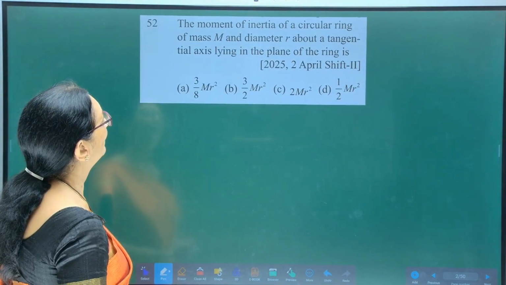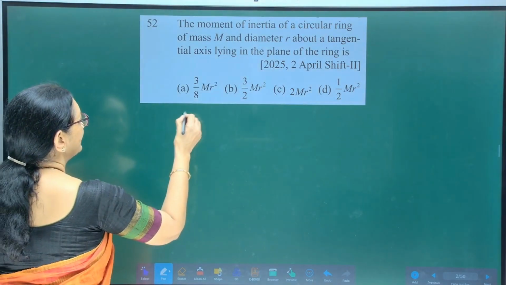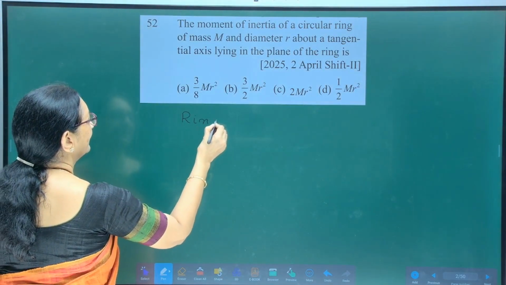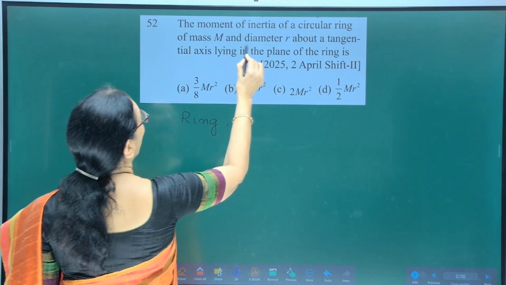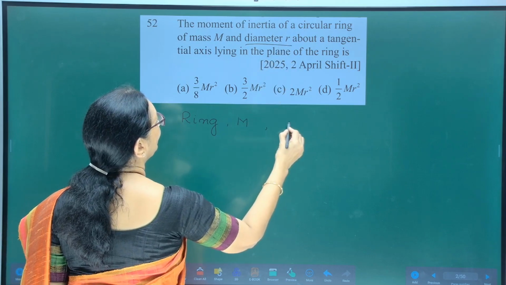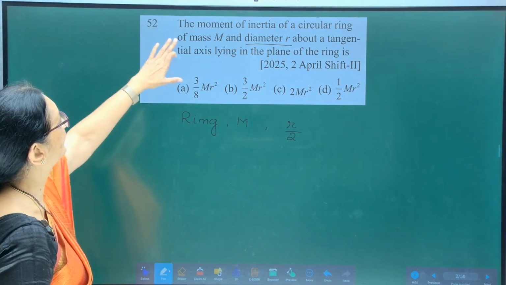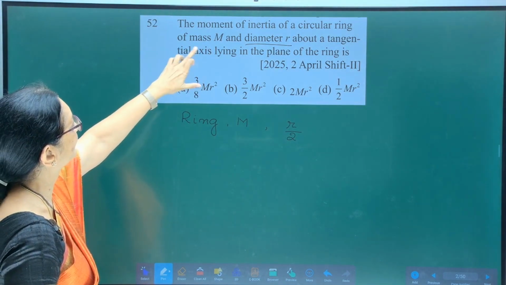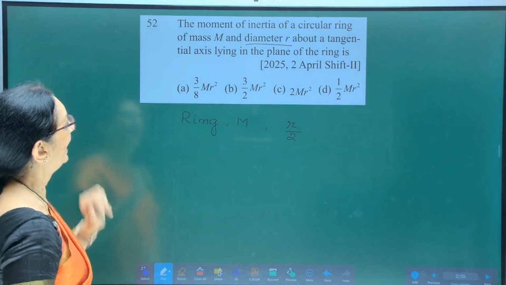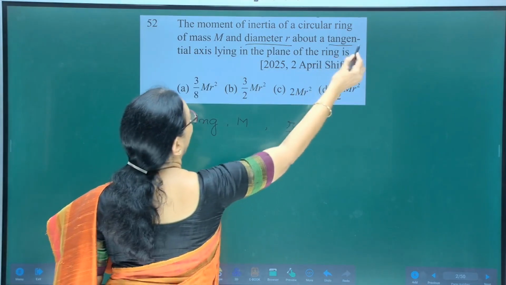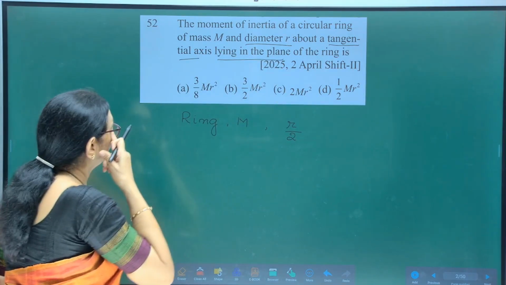Now, moment of inertia of a circular ring. It is a circular ring of mass m and diameter r, radius is r by 2. Moment of inertia of a circular ring of mass m and diameter r about a tangential axis lying in the plane of the ring.